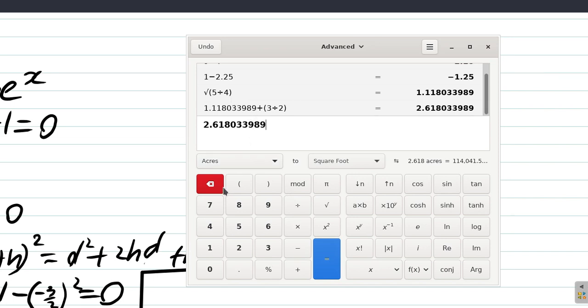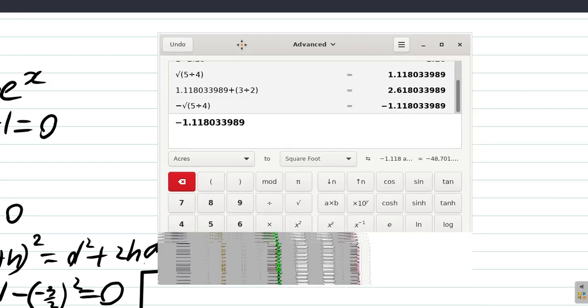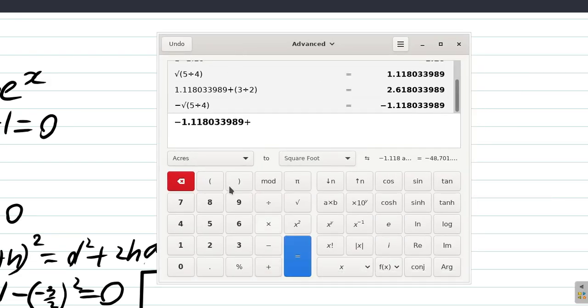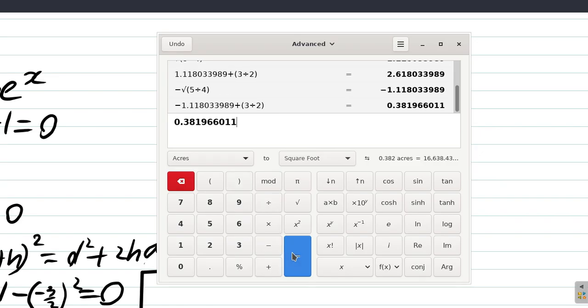And then if we had a negative square root of 5 over 4, we get that plus 3 over 2, plus 3 over 2 equal 0.382.